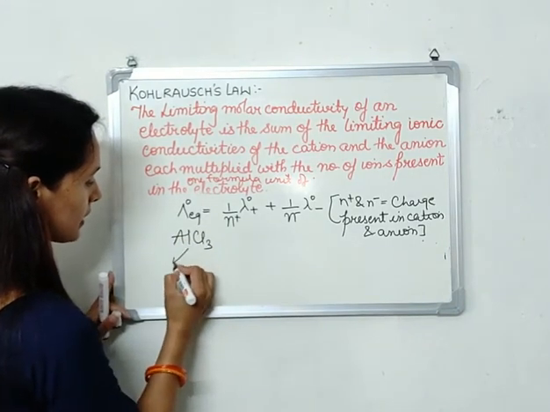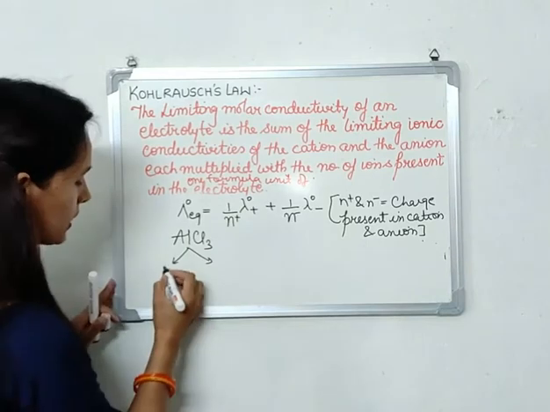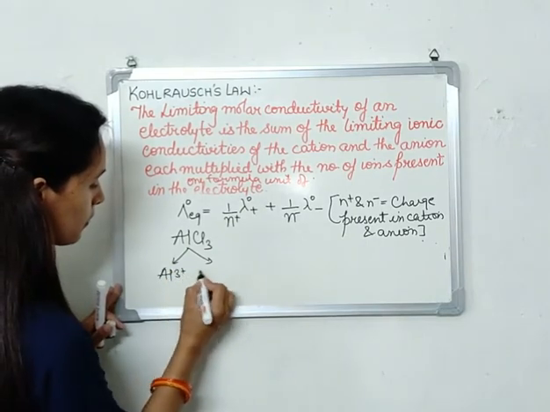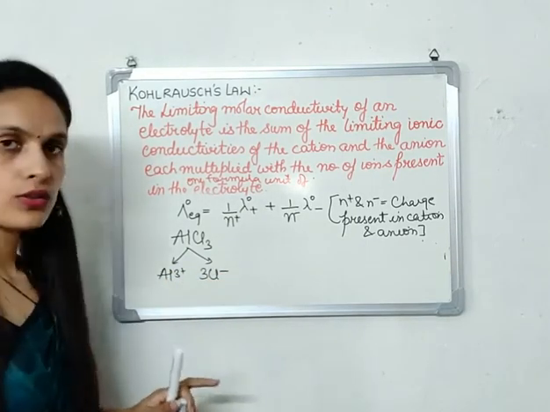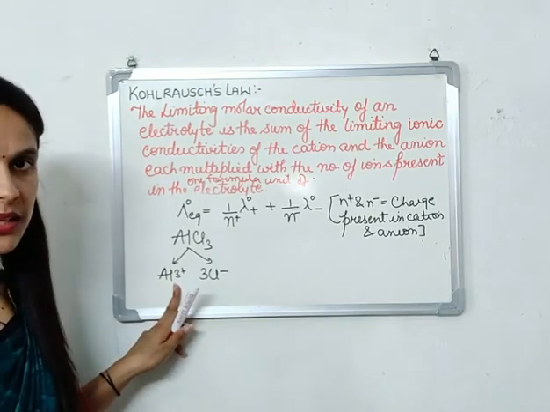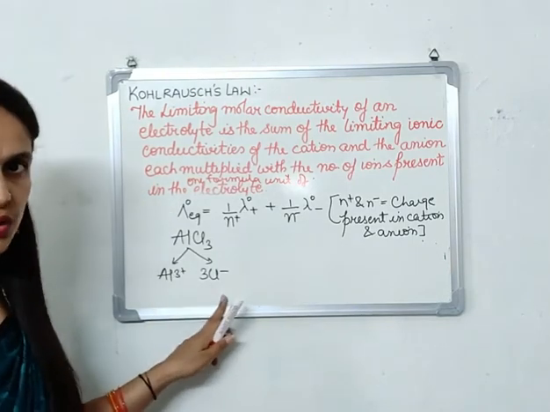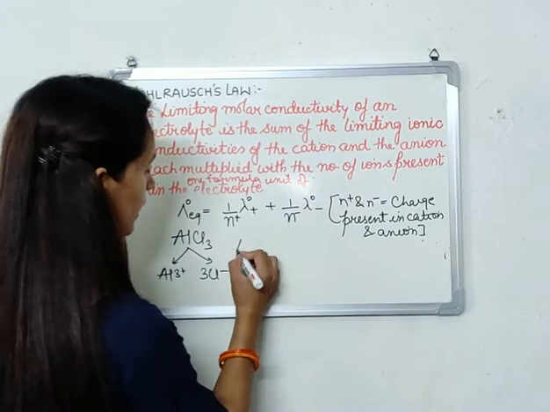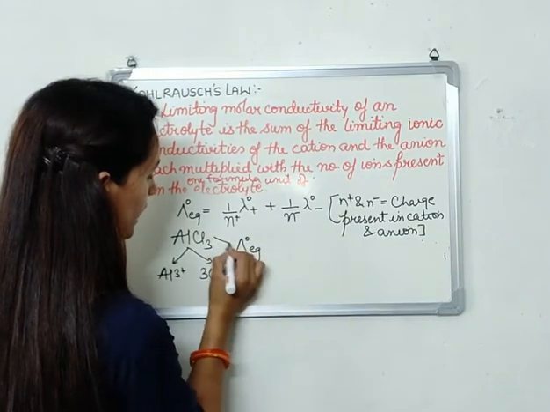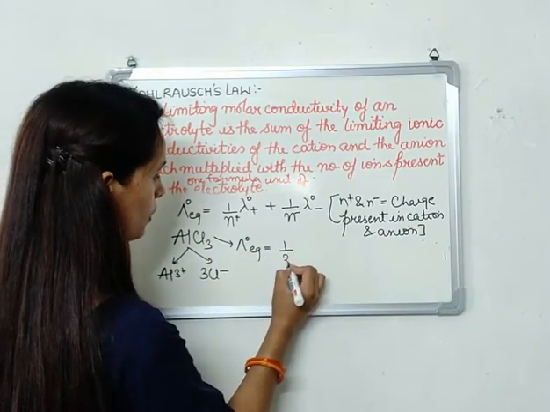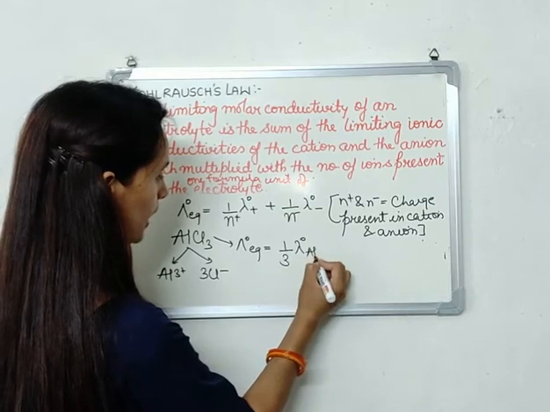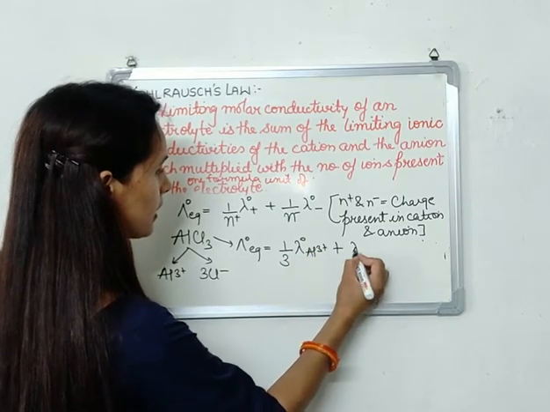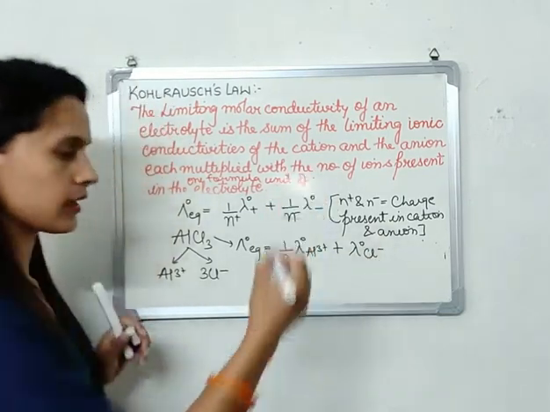When AlCl3 dissociates, what does it give? Al3 positive plus 3Cl negative. So the charge on aluminium is 3 and the charge on chlorine is 1. So lambda naught equivalent for AlCl3 is 1 upon 3 lambda naught for Al3 positive plus lambda naught for Cl negative.